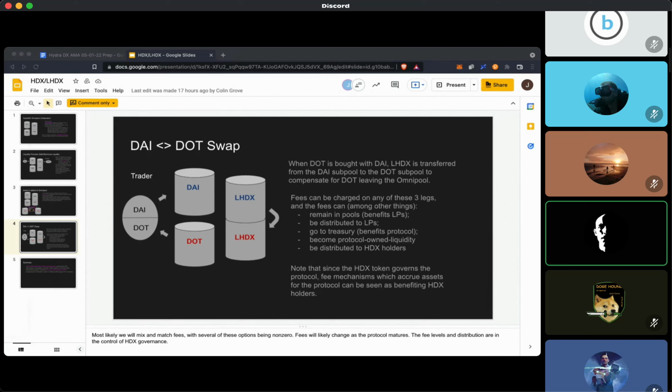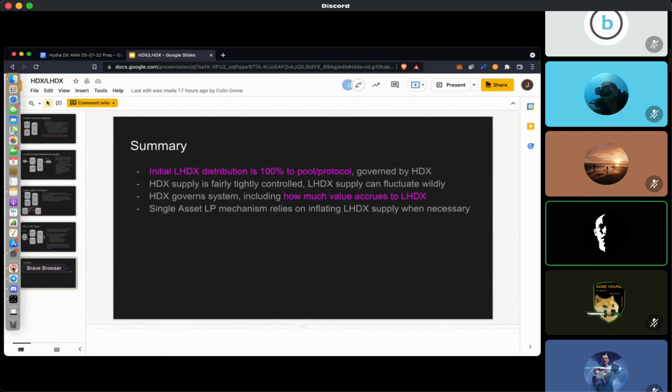And then the last slide is just a summary with some key points, so maybe we can finish with that. Exactly. Basically, we can't go public and shout everywhere that HDX will be redistributing fees and cash flows. Obviously, it might be a case when community and governance will vote for it.